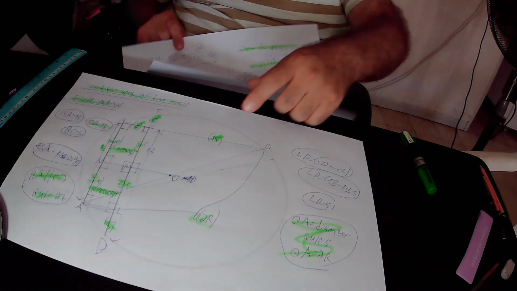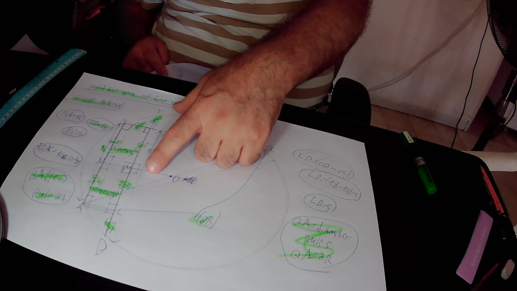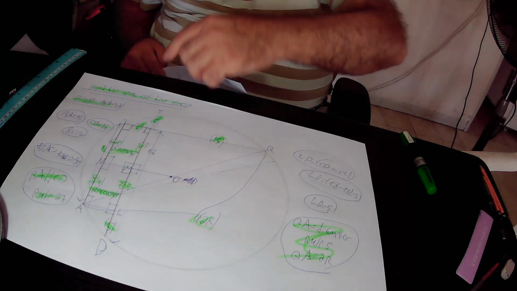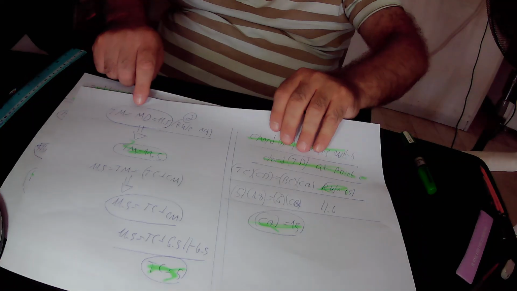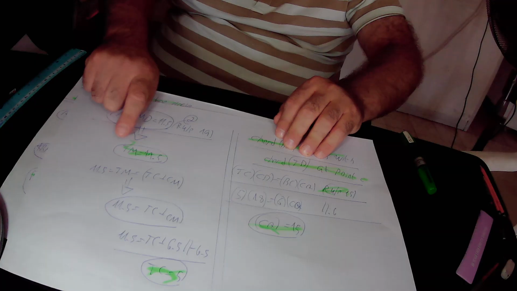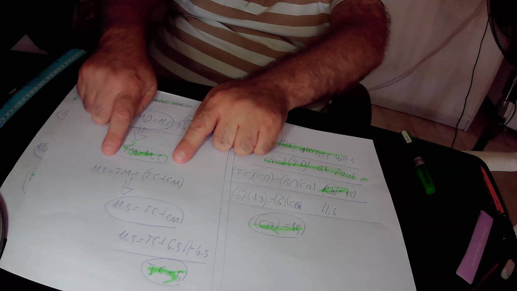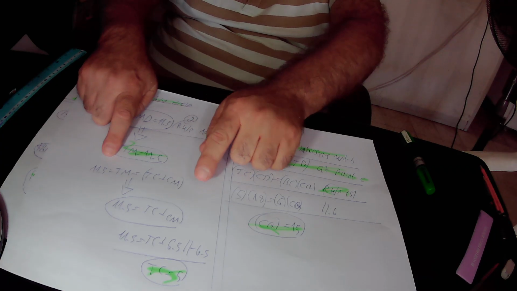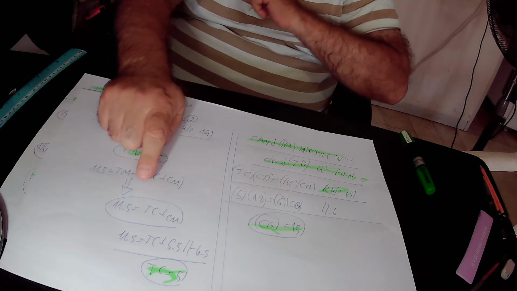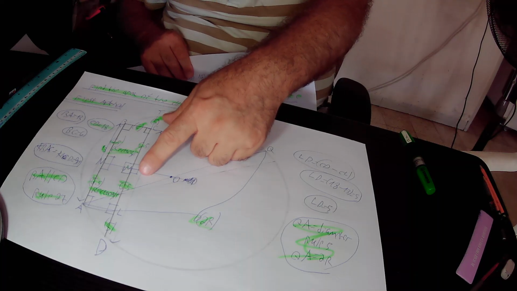So from one side TM equals 11.5, but from the other side TM also equals TC plus CM. From this equation, we will write that 11.5 equals TC plus CM. TC is the missing side, so we leave TC as it is, and CM is 6.5.